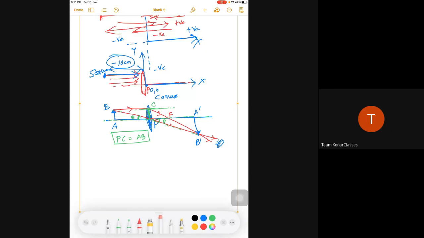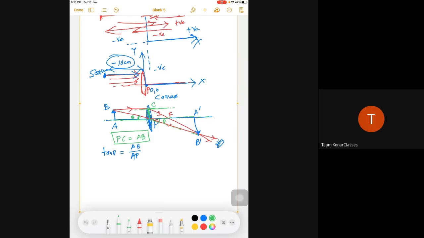Now if this angle is theta and this angle is theta, then we know that tan theta equals the perpendicular line, which is AB, over the base, which is AP. So tan theta equals AB by AP.